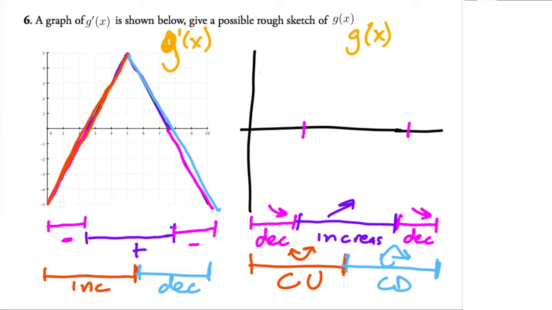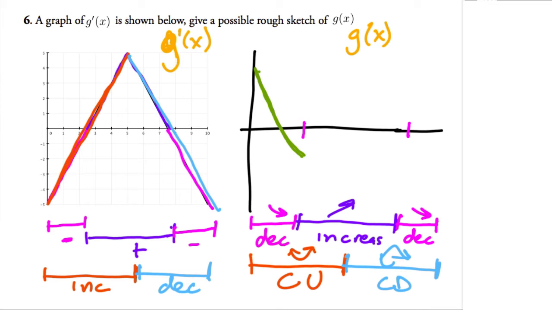Because here it's concave up and decreasing. And again, remember, since you don't have any initial information about your function, you can start it anywhere on this axis. So I'm just going to start it up here. What color should I use? How about green? So it's going to be decreasing, concave up, decreasing. Did I say increasing? I meant decreasing.